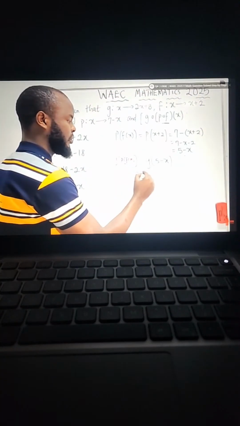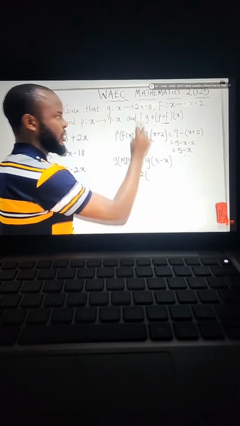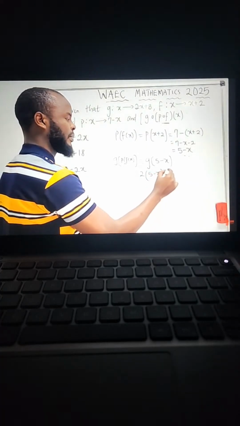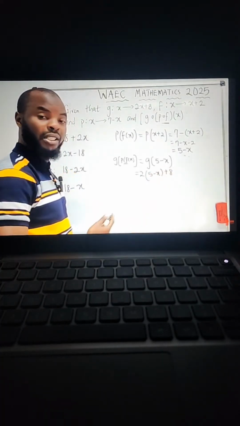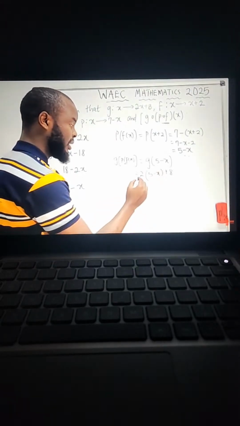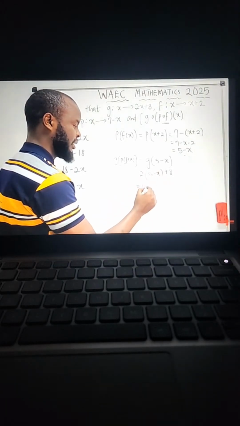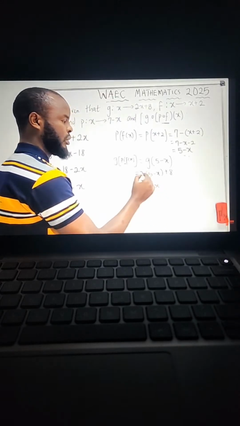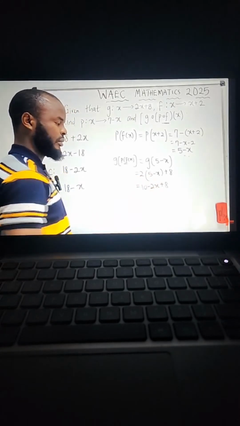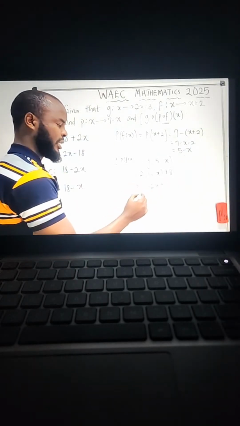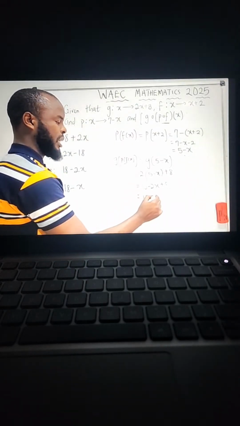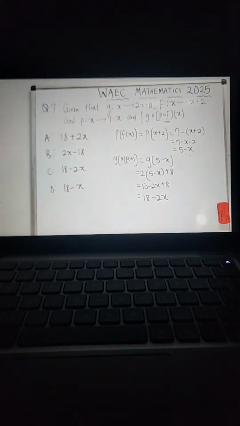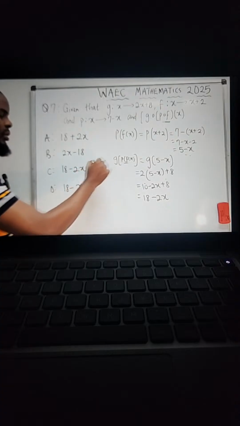So here we have 2, and instead of having x, you plug in 5 minus x, plus 8. Then we simplify this. By simplifying this, we have 2 times 5, which is 10, 2 times negative x, which is negative 2x, and plus 8. So 10 plus 8 is 18 minus 2x. Now looking at this, you can see that the answer is option C.